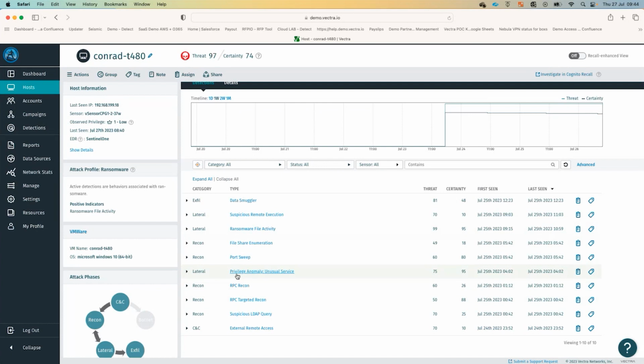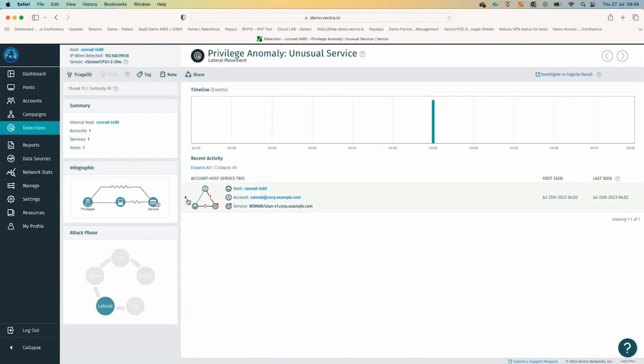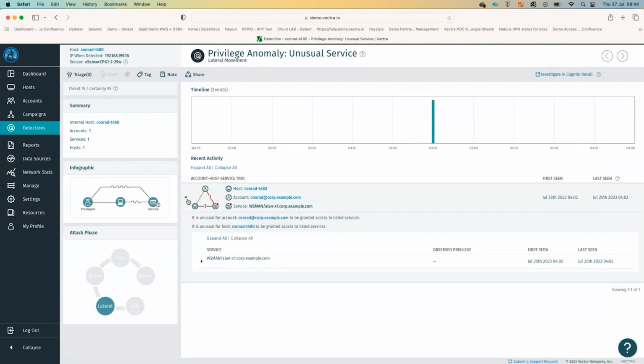Now, if I want to drill into any of these behaviors, I can just click one more time and I get a full write-up. I've clicked into privilege anomaly. We actually have a lot of patents around how we do this, but ultimately we observe accounts and hosts and their privilege rights as well as service accounts, and we figure out how they are used together normally, baseline in other terms, right?